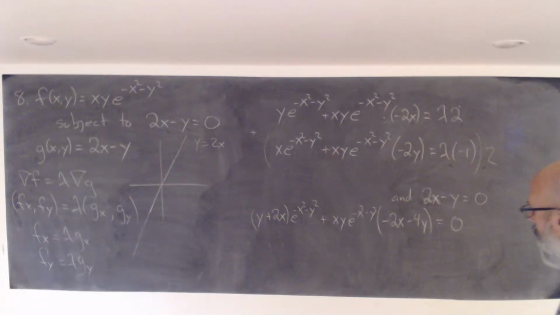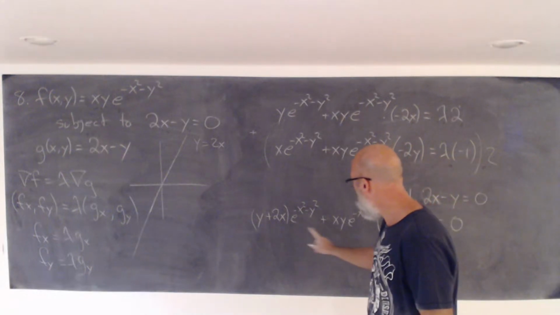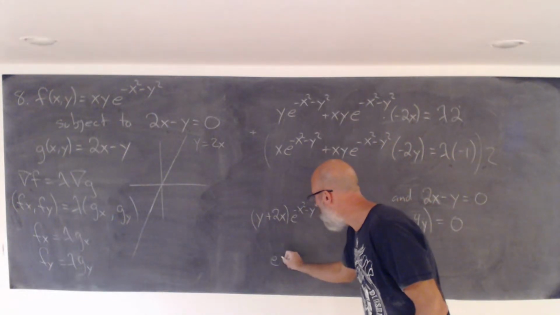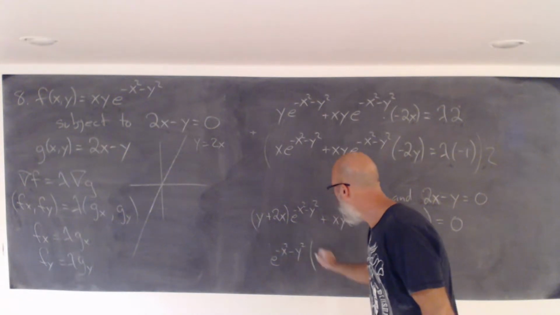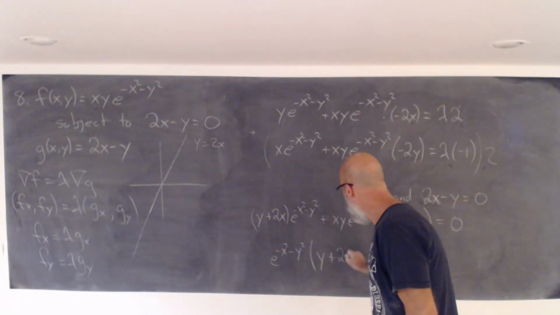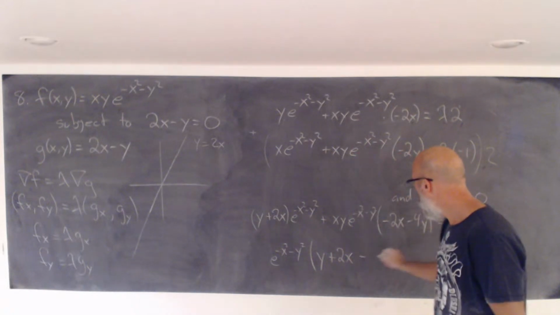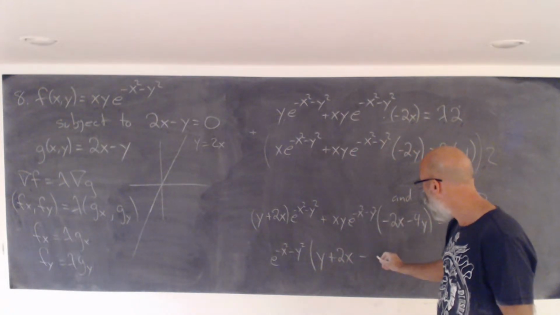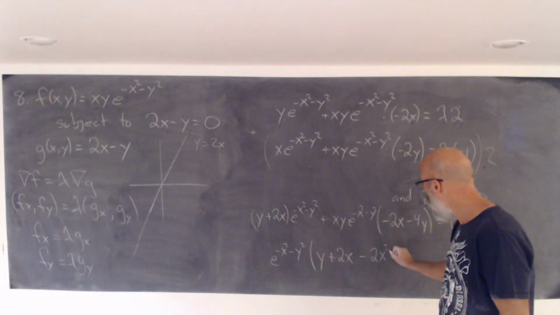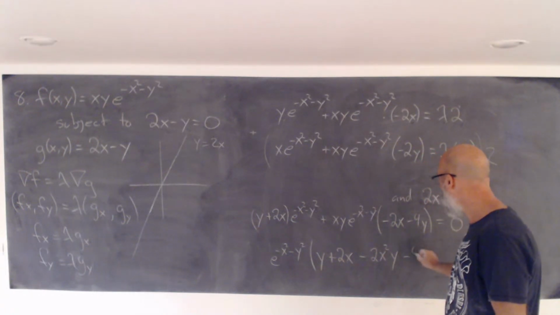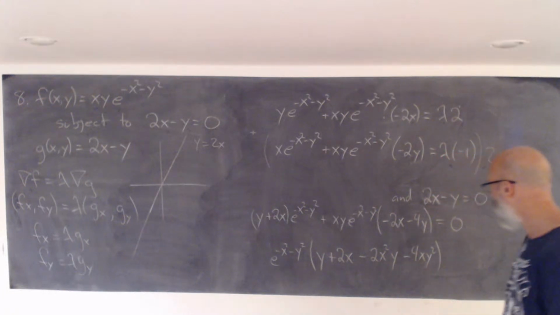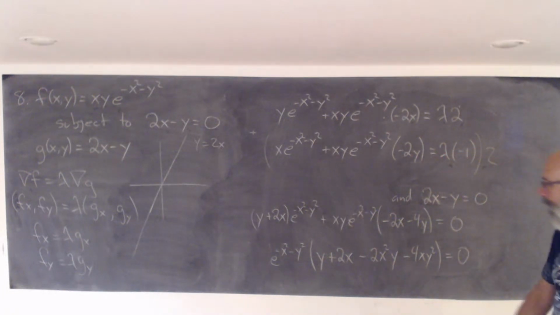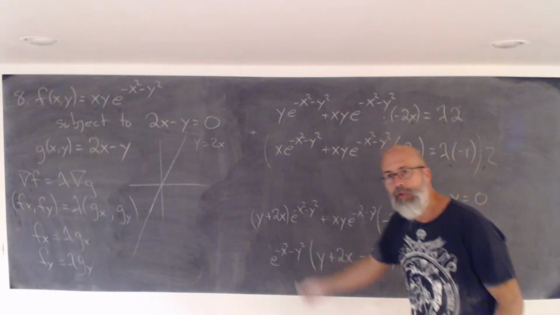I don't know. Let's factor out an exponential. So I get y plus 2x minus 2x squared y minus 4xy squared. And the exponential itself is never 0.